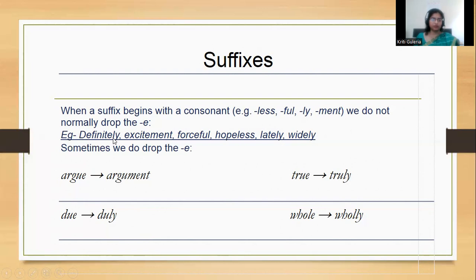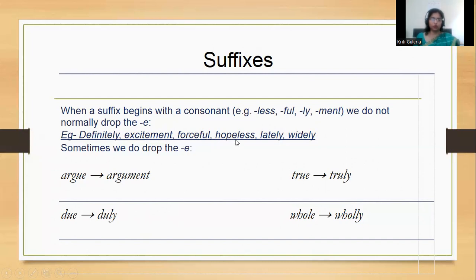So this is one way in which we are adding a suffix by maintaining and not dropping E. Similarly, excitement. Excite is a word and we are adding suffix ment. E remains intact. Similarly, forceful. The original word is force. We are adding suffix ful and the new word becomes forceful. Again, E is intact.